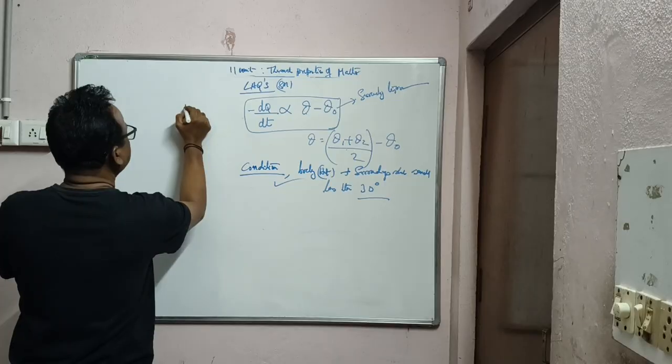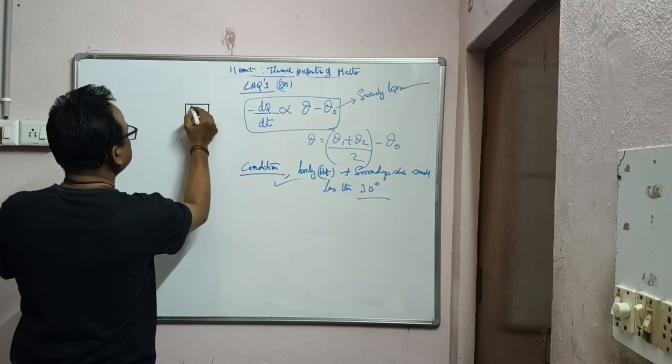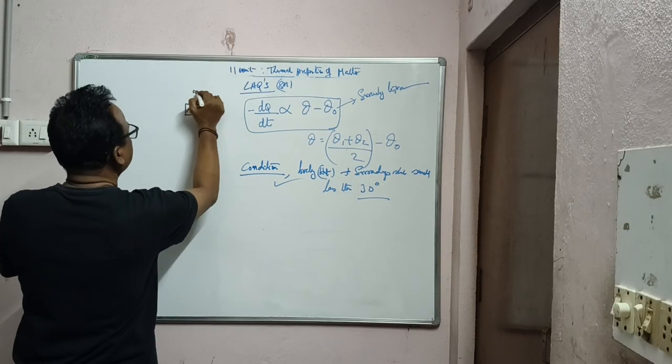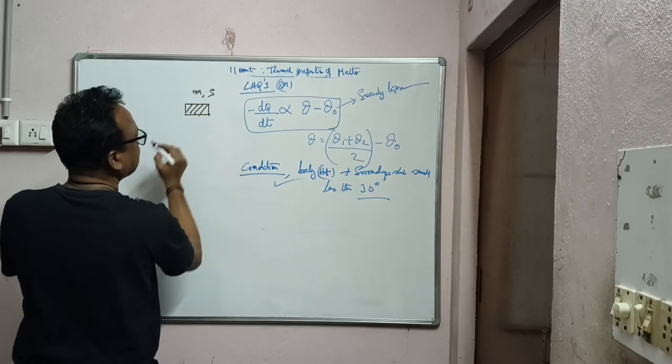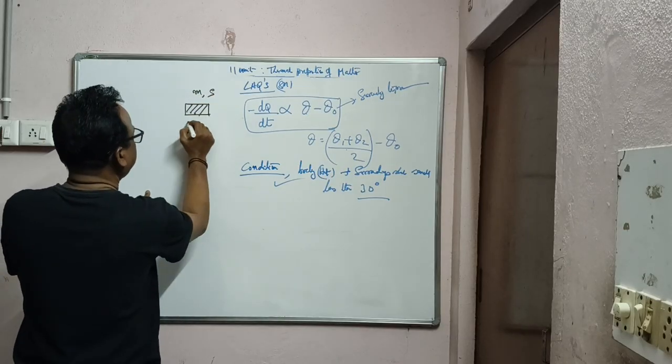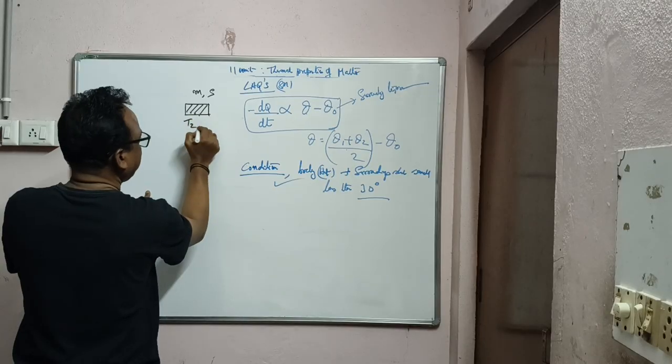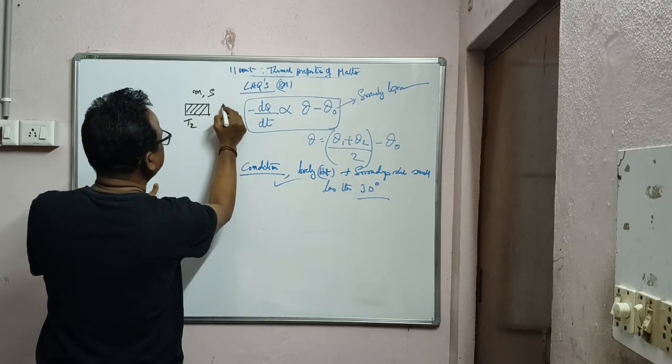See here what is happening. I'll take a body here, let the body mass be m. Let the specific heat be S. Now let this body temperature be T2 and the surrounding temperature T1.